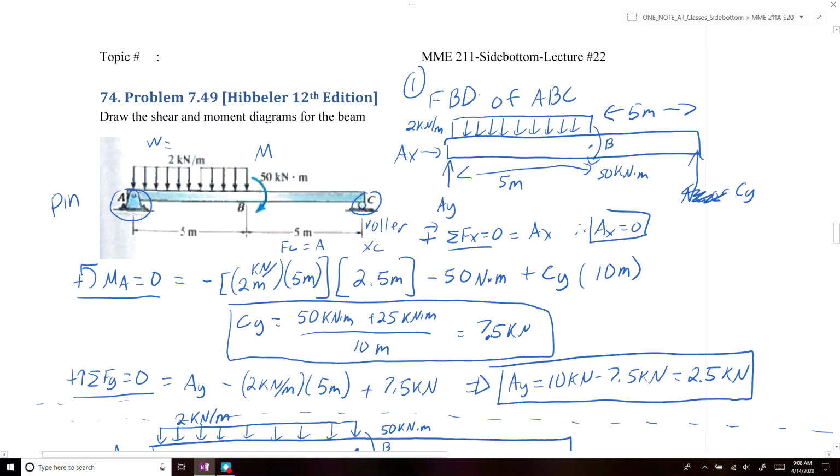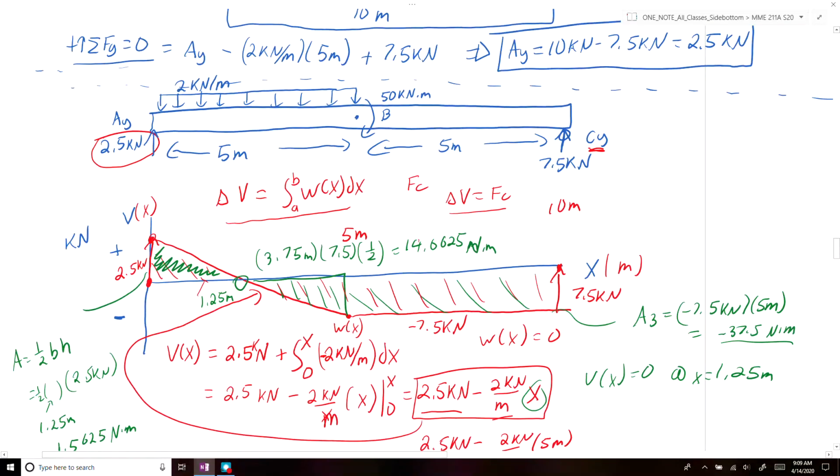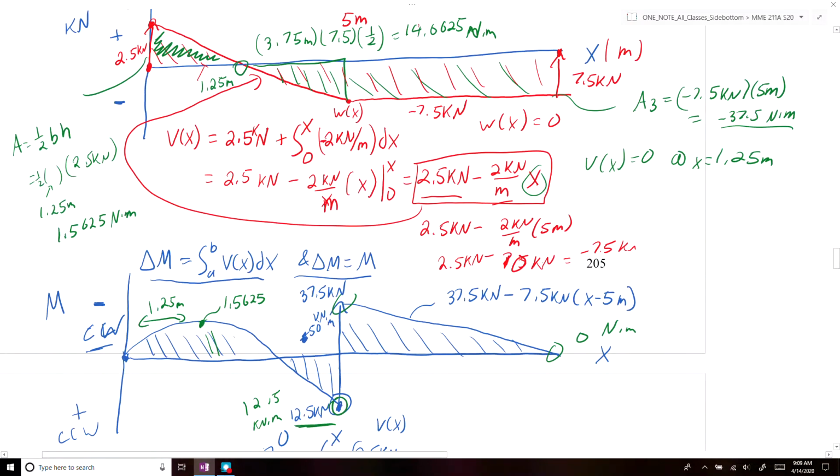So just to recap, we used our free body diagram to find our reaction forces at our two supports, A and C. Once we knew C of y and A of y, we could then draw our shear diagram and our moment diagram using the relationship between the distributed load, the shear force, and the moment.